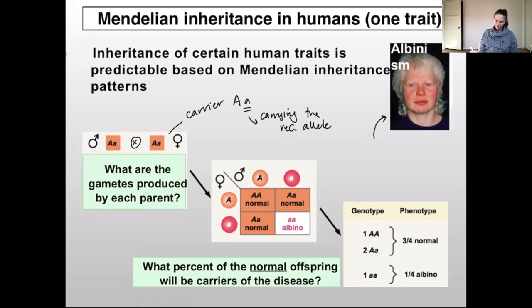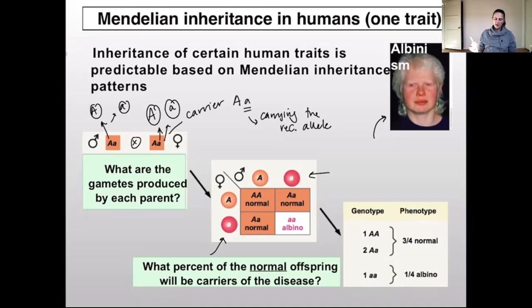Because it's recessive. So what are the gametes produced by each parent? You can either make a big A or a little a. Those are the two possible gametes for the parents. And again, when we make our Punnett square, those gametes go on the axes, for the female and the male.